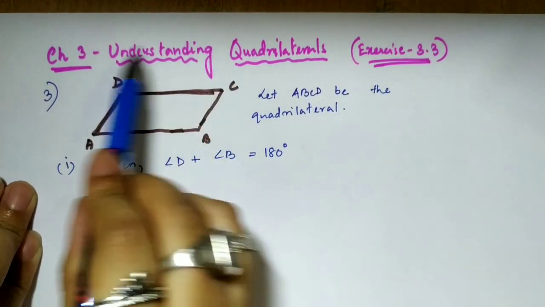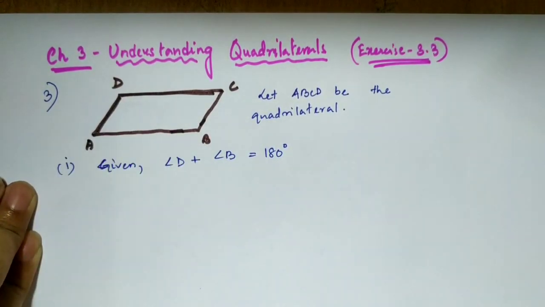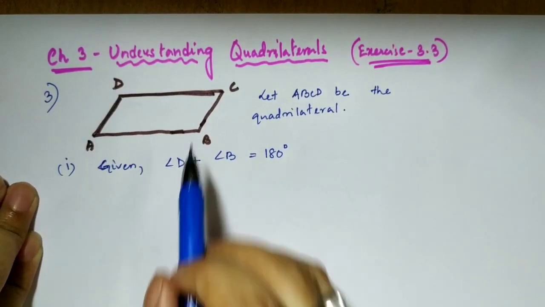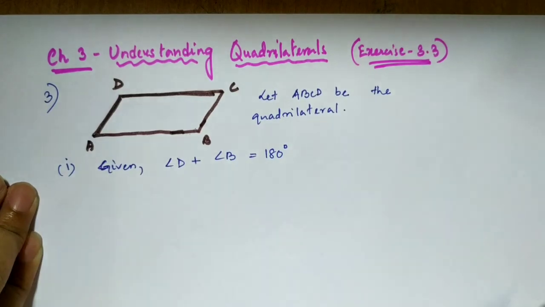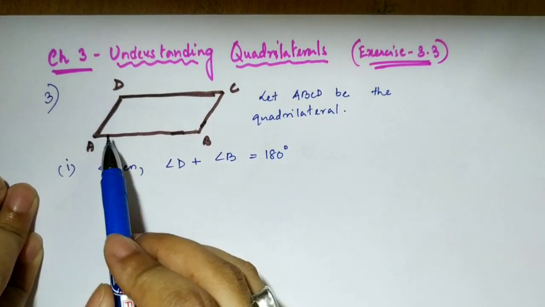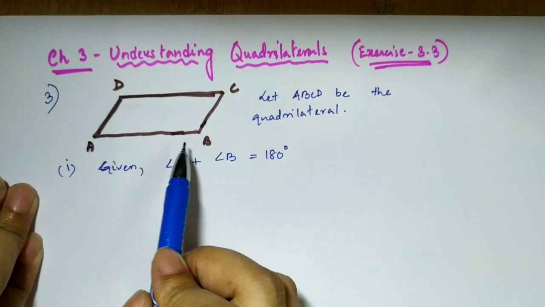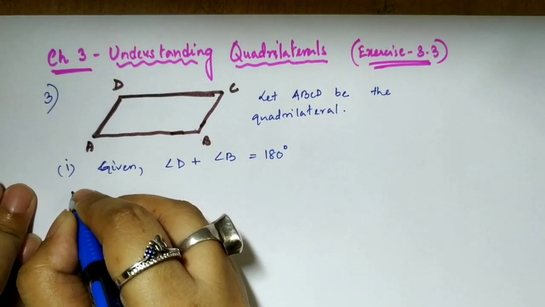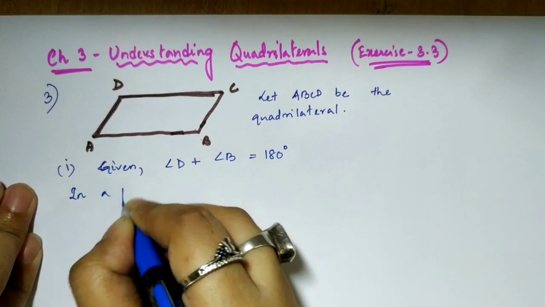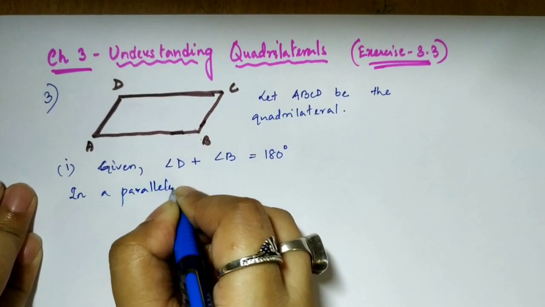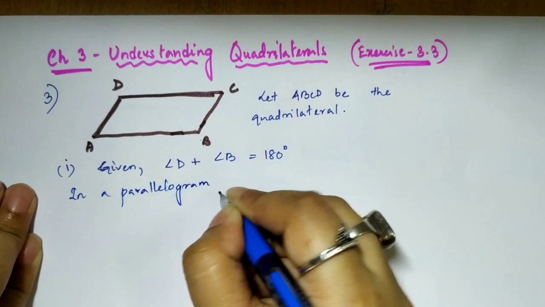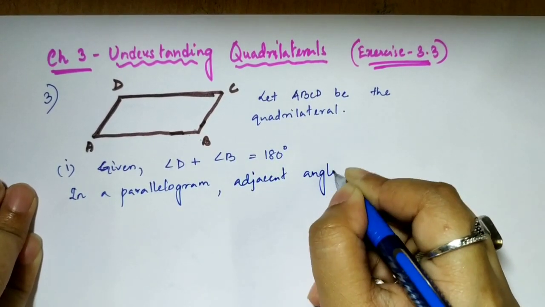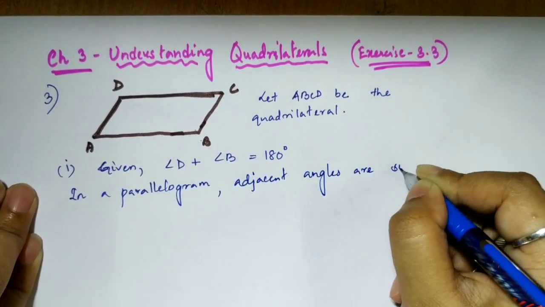Now see, if you see the diagram properly, angle B and D are what? They are opposite angles. If this quadrilateral has to be a parallelogram, then the opposite angles have to be equal. Another property says that adjacent angles are supplementary, but B and D are not adjacent angles, right? So we'll write down, in a parallelogram, adjacent angles are supplementary.